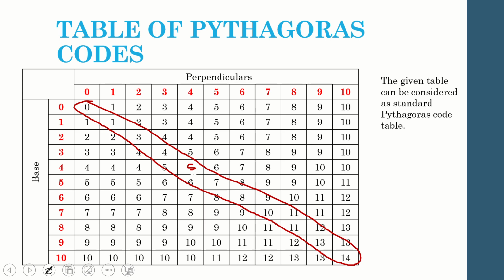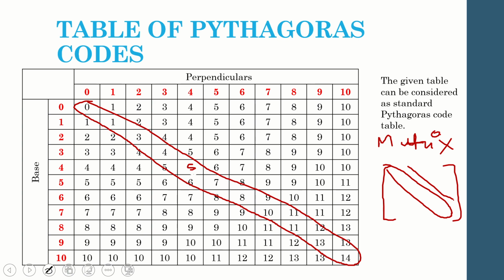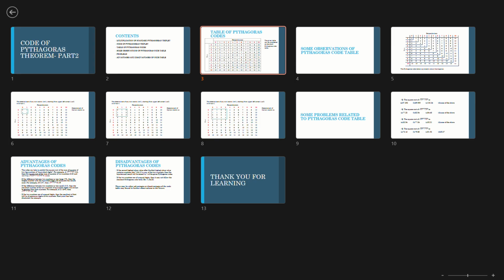If you see this diagonal, I have already told you that this is part of class 11th and 12th, they have studied this matrix. This is called a matrix. If you see this diagonal, this part is called the upper triangular matrix and this is called the lower triangular matrix.